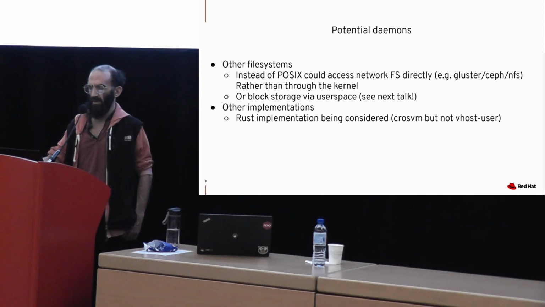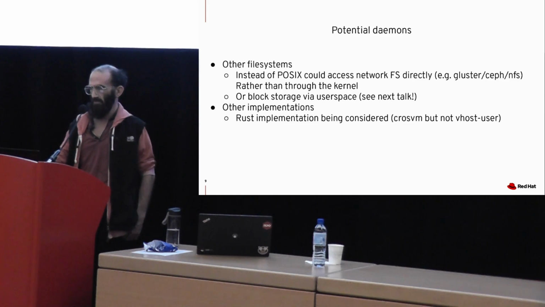Or you can go and speak to some block storage via user space in the external process instead, which I believe is being talked about in the next talk. Or you can go off and do other implementations. There's a Rust implementation in CrossVM, but it's not using vhost user as the communication with QEMU. We're looking at how to wire the two bits together at some point.